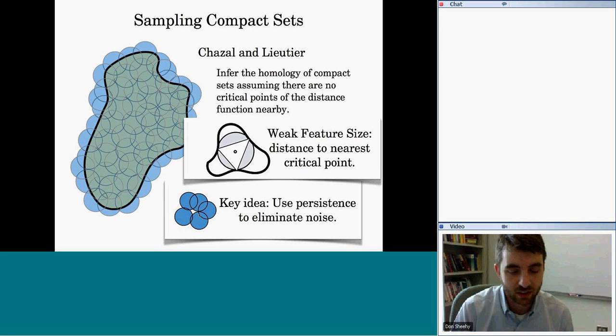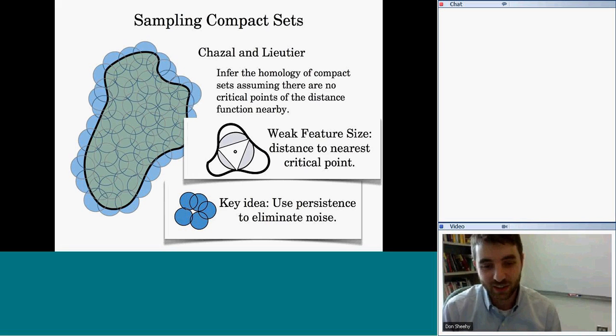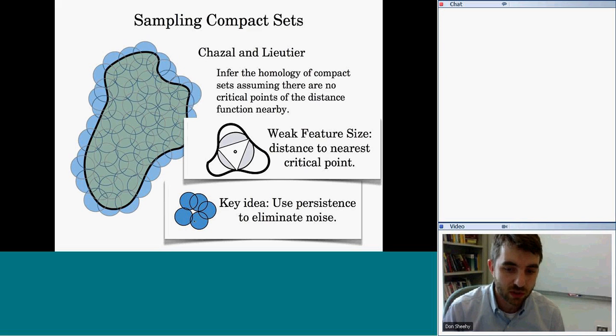Yes, your cursor. Okay, good. So this little hole can crop up just by chance near a small angle. What Frédéric and André proved is that these little features are spurious, and that if you increase the radius of the balls by some constant factor, all such features disappear. All these little holes will not persist. Only the ones that persist will correspond to the real homology of the underlying compact set, which you're trying to understand in the first place.